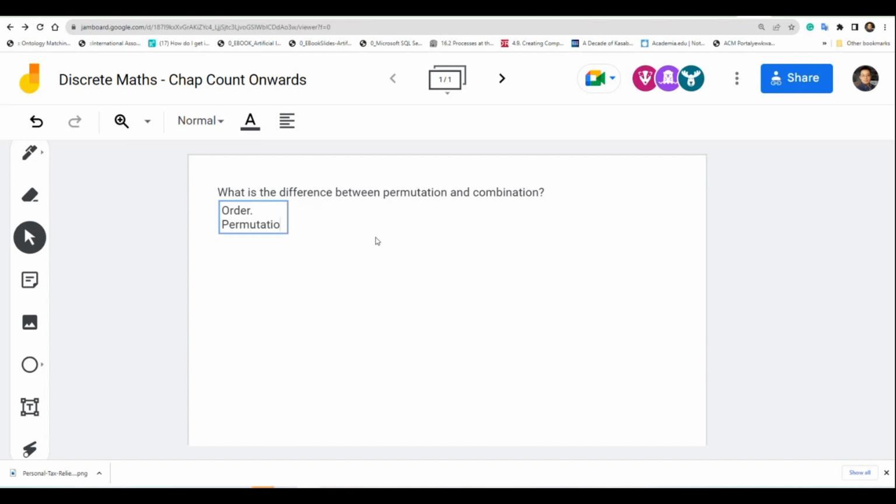Permutation counts the order, combination does not. So maybe I'll give an example. AB, BA are considered 2 permutations.